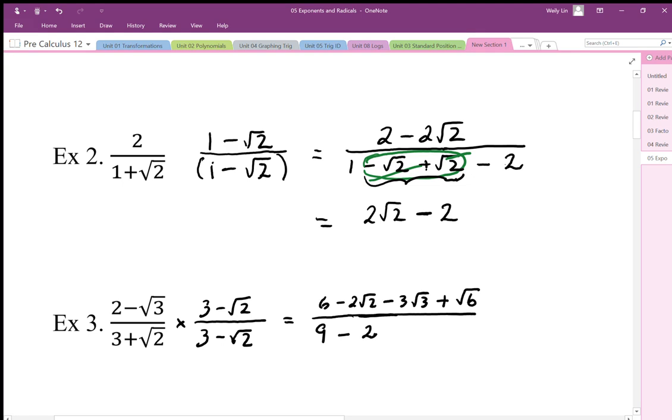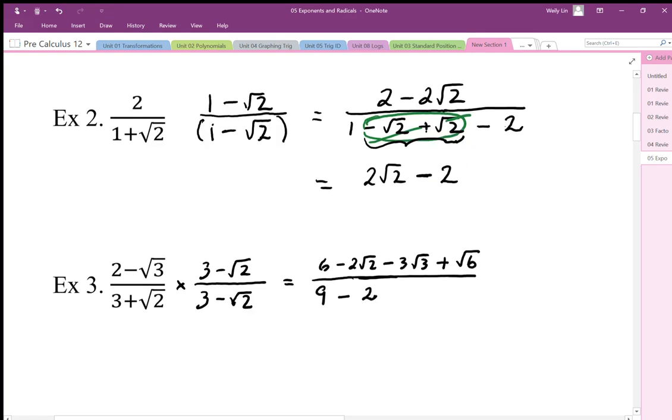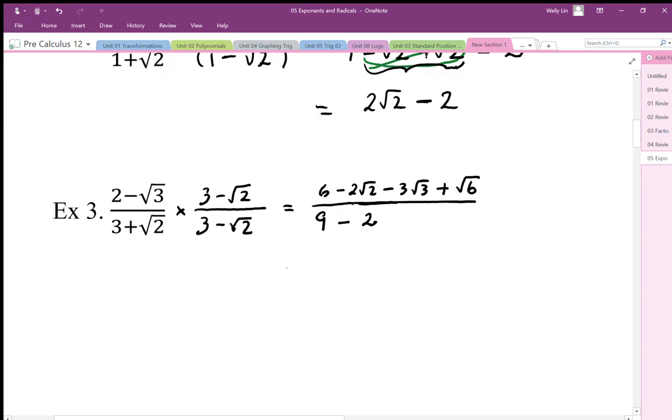Okay, so then I have to still simplify this, and there are no like terms on the top, so I end up with 6 minus 2 root 2 minus 3 root 3 plus root 6, and on the bottom it's all divided by 7.